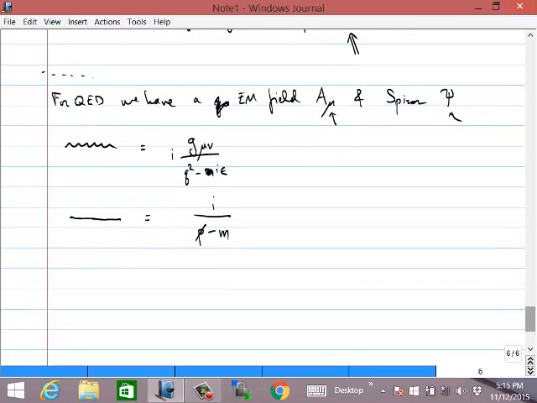And finally, there'll be an interaction term, which encodes the fact that electrons and positrons carry charge. Remember that in the Lagrangian, the interaction term was something like e times A mu psi bar gamma mu psi. So this interaction vertex will be i e times gamma mu.